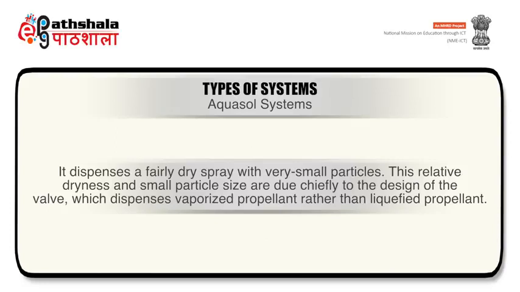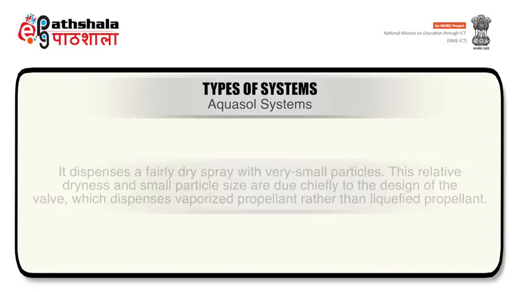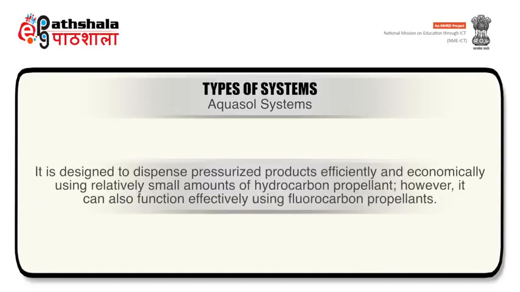This relative dryness and small particle size are due chiefly to the design of the valve, which dispenses vaporized propellant rather than liquefied propellant. It is designed to dispense pressurized products efficiently and economically using relatively small amounts of hydrocarbon propellant.